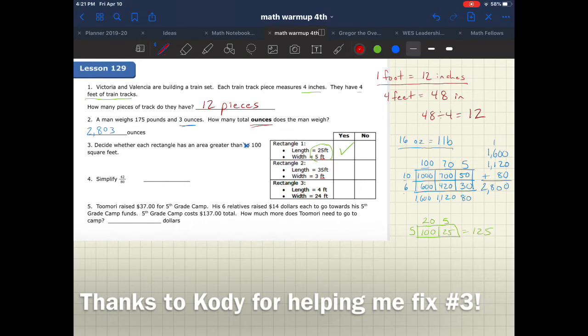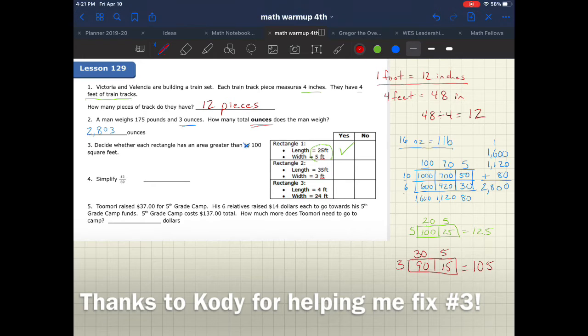And rectangle 2, we have 35 by 3, so 3, and 35. 3 times 30 is 90, 3 times 5 is 15, and that would go together to make 105.